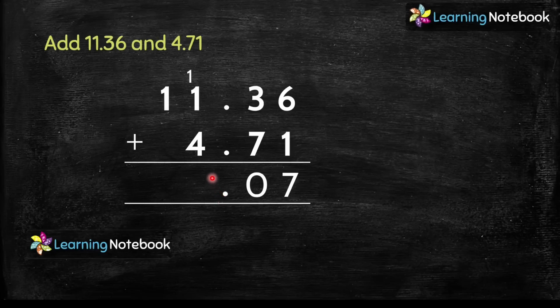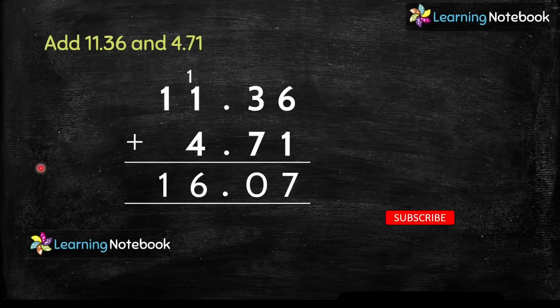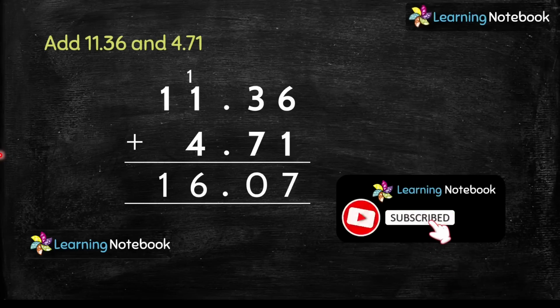Now, we will add the whole number part. 1 carry plus 1 plus 4 equals to 6. And then we have 1. So, our sum is 16.07.